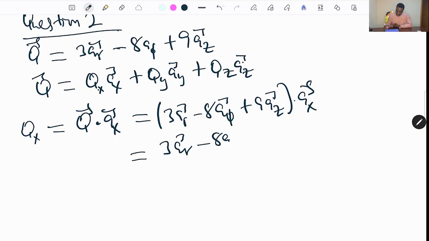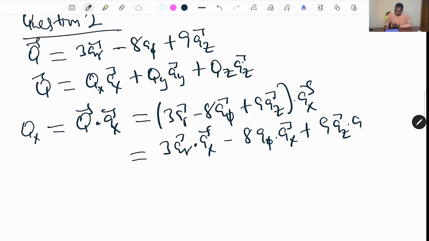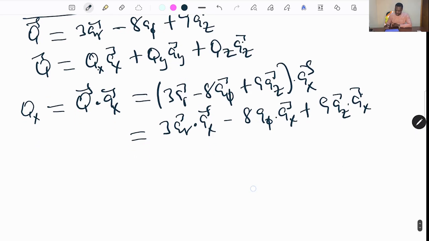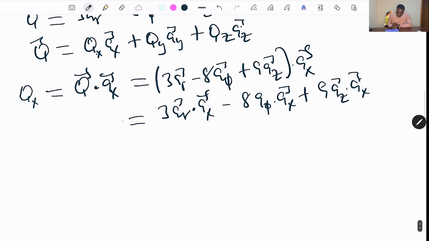We are doing the dot product. Then plus 9 a_z dot the unit vector along the x-axis. So we get this. Now this is our Q_x.